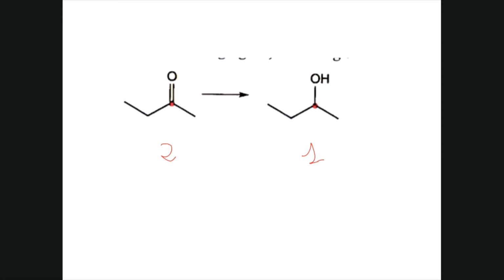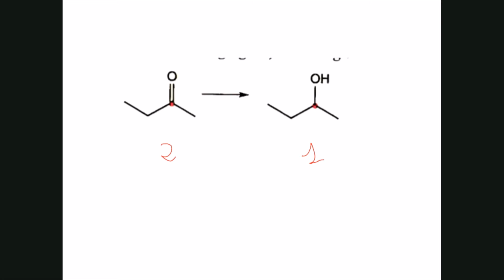Well, because I am reducing functional group level, because I'm going from a higher to a lower functional level, then I have 2 options. I can either use a nucleophile if I wanted to make a new carbon-carbon bond, or I could use a reducing agent.